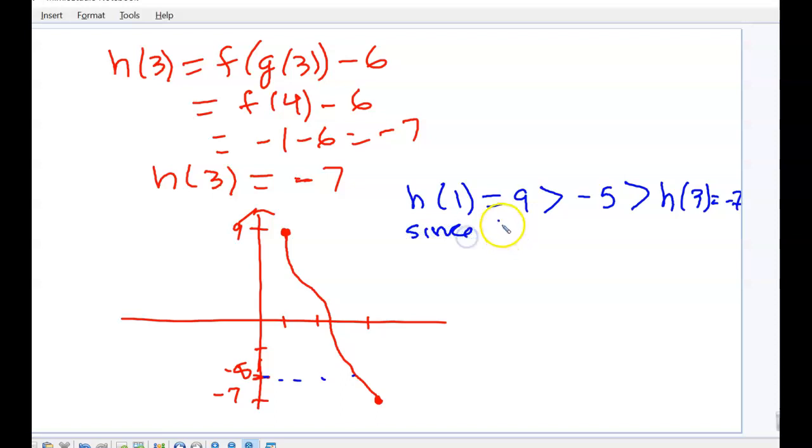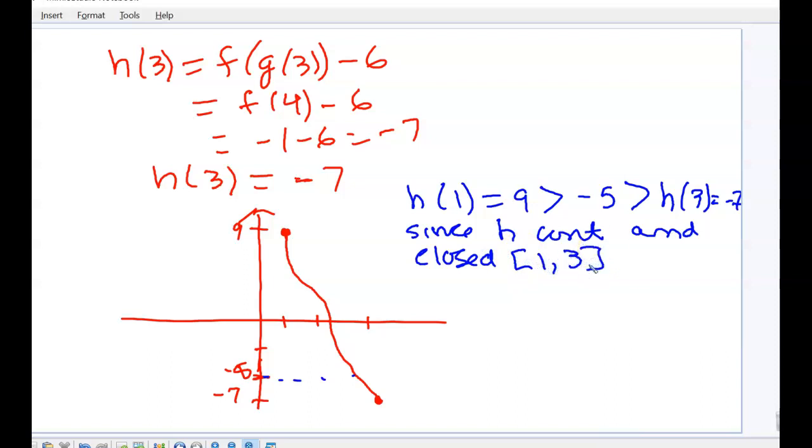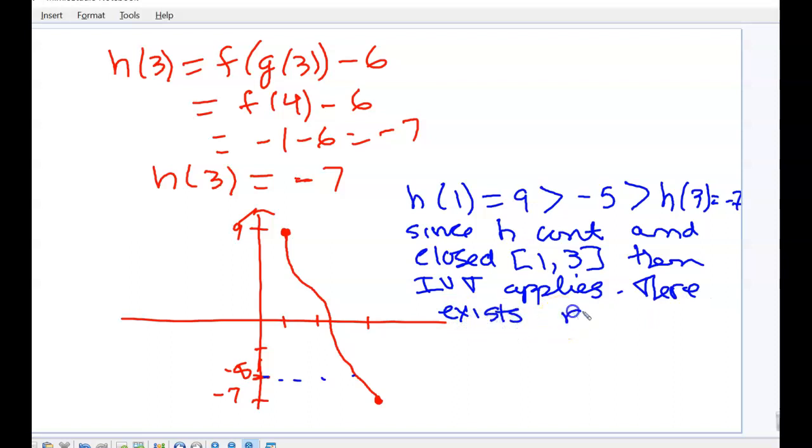So since h is continuous and closed on the interval 1 to 3, then the intermediate value theorem applies. And then we could say, they want us to use r in this case, there exists a value r, 1 less than r less than 3, such that h(r) equals -5. So again, that's the justification point.